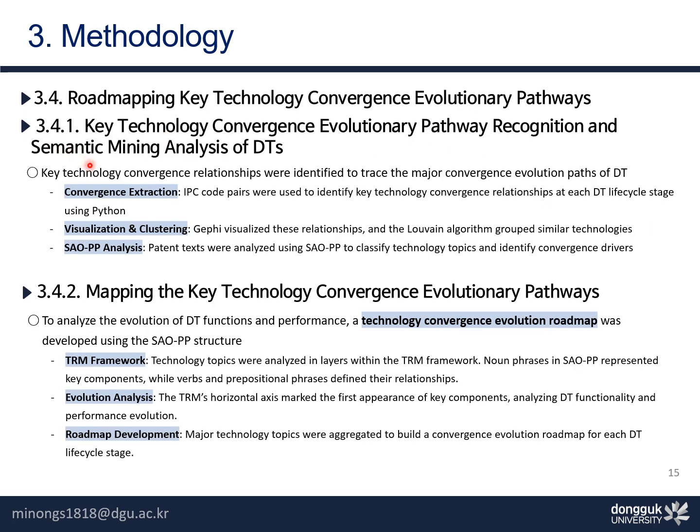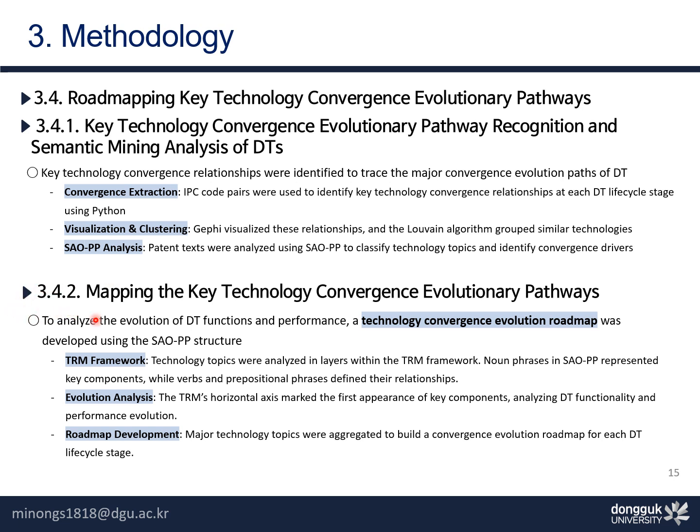In step 3.4, the roadmap for key technology convergence evolutionary pathways was developed. Key technology relationships were extracted using IPC code pairs and Python, then visualized with Gephi and clustered with the Louvain algorithm. SAOPP analysis classified technology topics and identified convergence drivers.